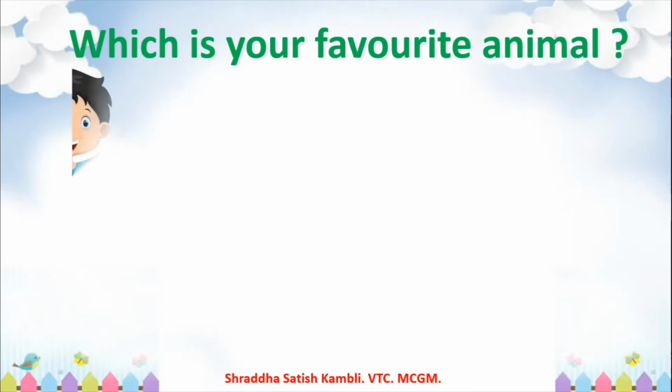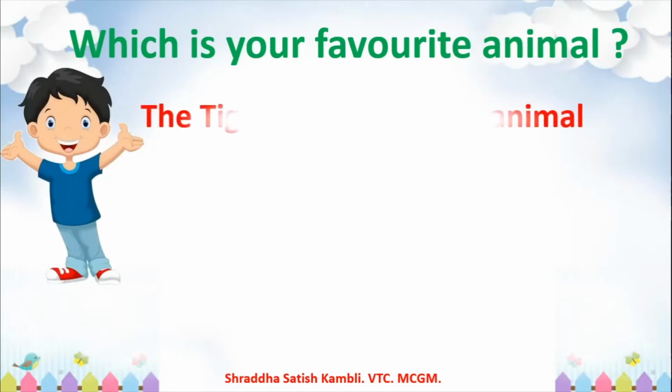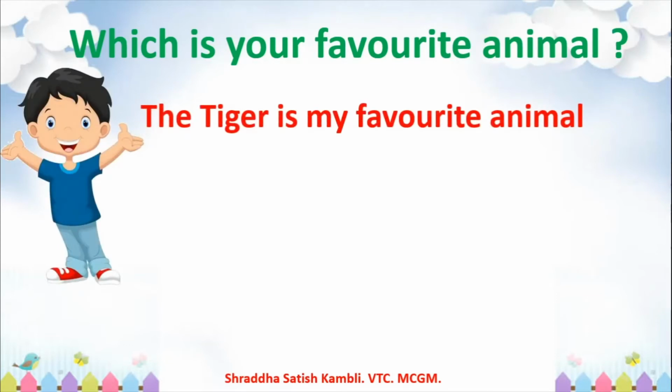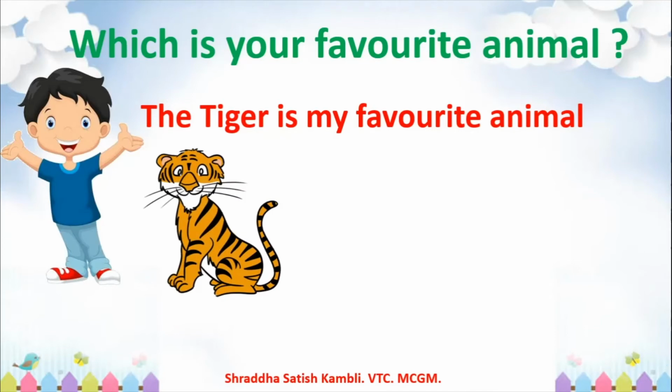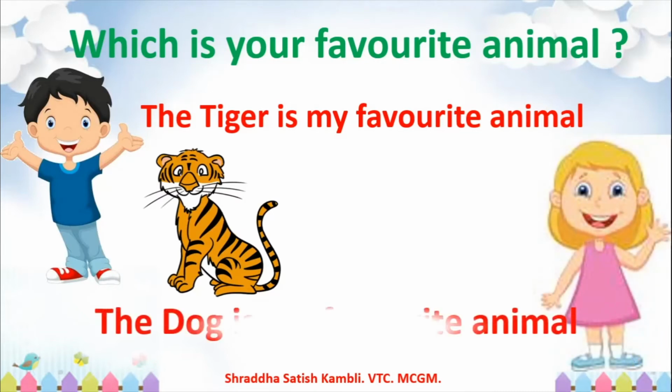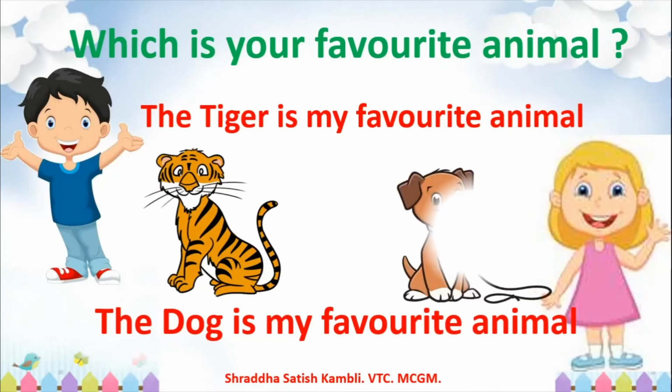So let us ask Raju. Raju says, the tiger is my favorite animal. So Raju likes to look at a tiger. Raju has seen the tiger in the zoo, and he loves to watch a tiger. So tiger is his favorite animal. What about Rani? Rani says, the dog is my favorite animal.